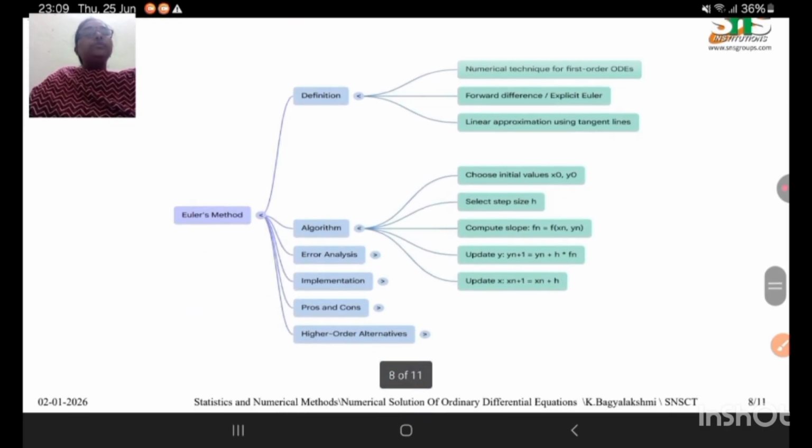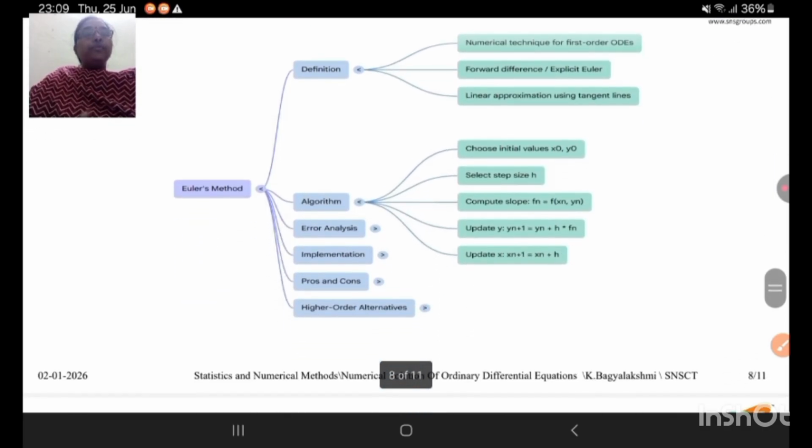For Euler's method, we discussed the definitions: it is a numerical first order method with forward differences and linear approximation using tangent lines only. We indicated the formula, and then the algorithm, error analysis, implementation, pros and cons, and higher order alternatives.